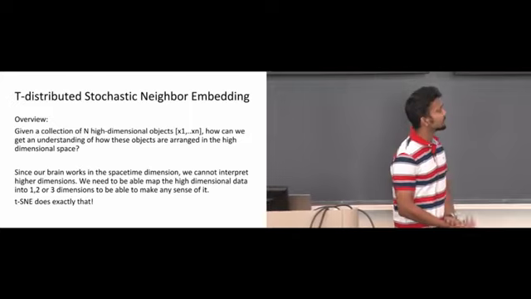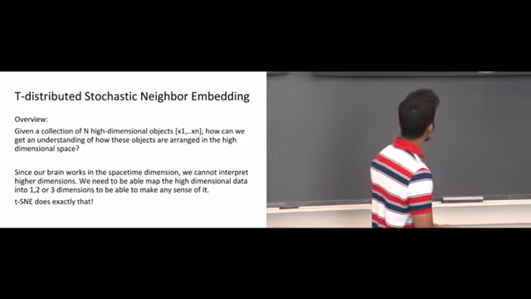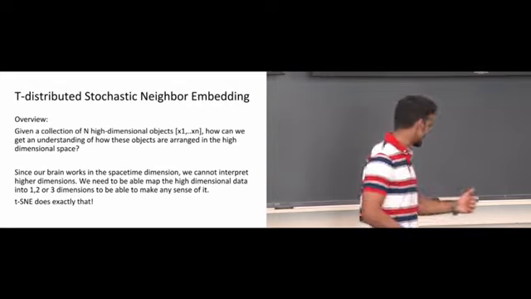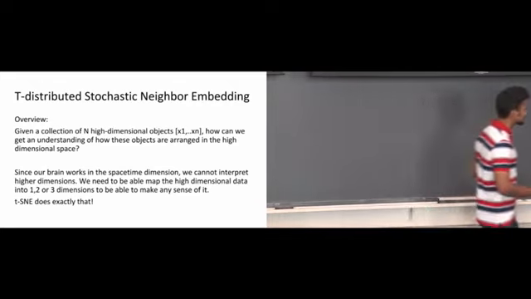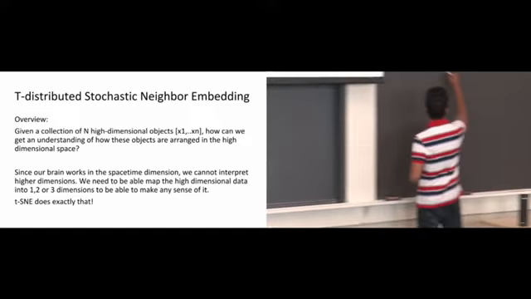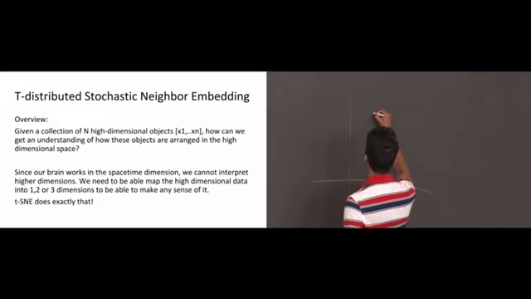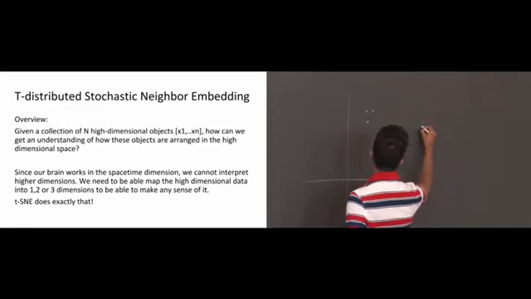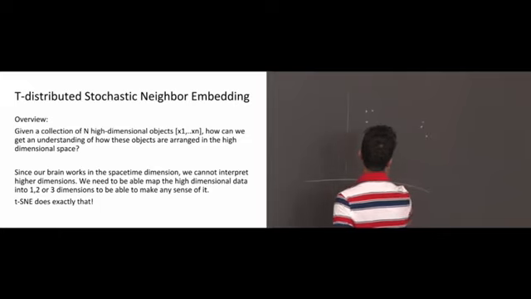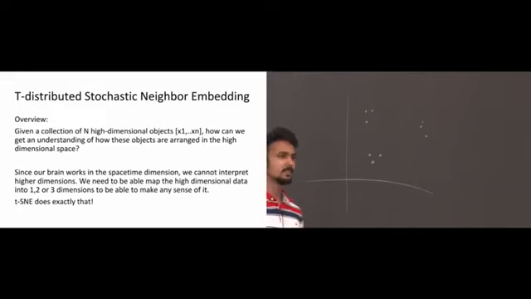t-SNE is a t-distributed stochastic neighbor embedding. So this is a very slow method. Can you see it?